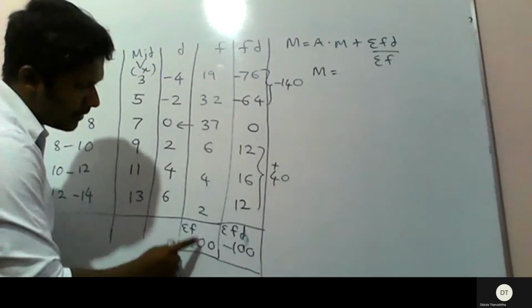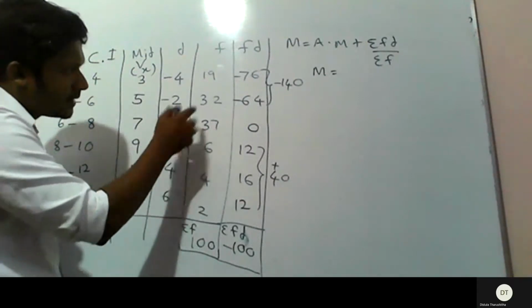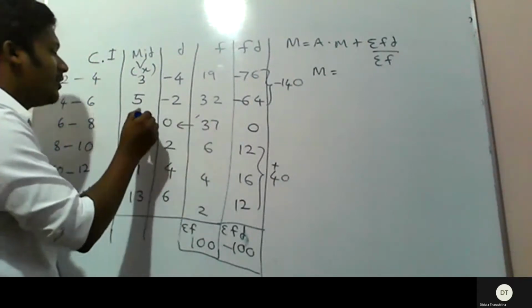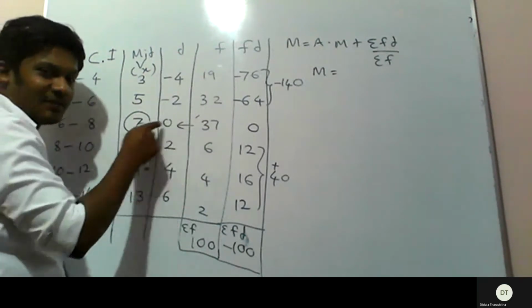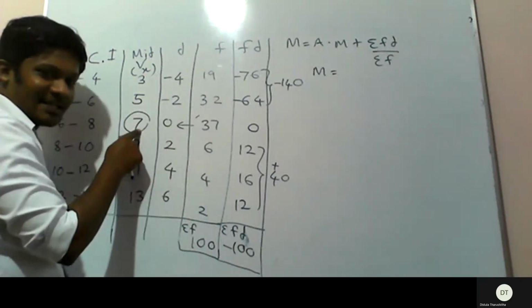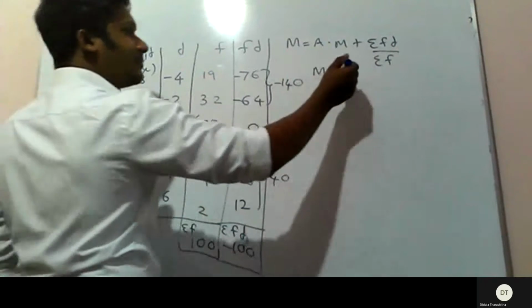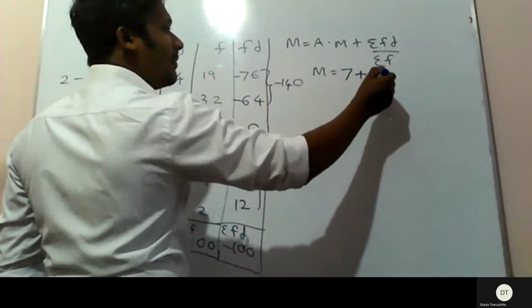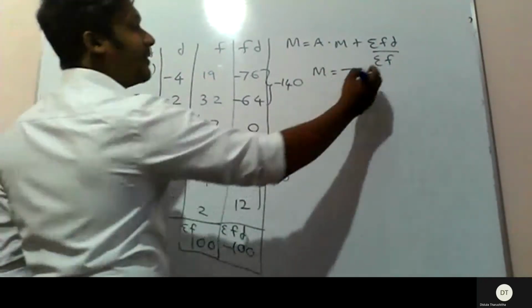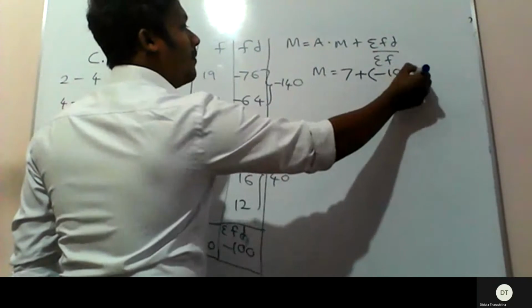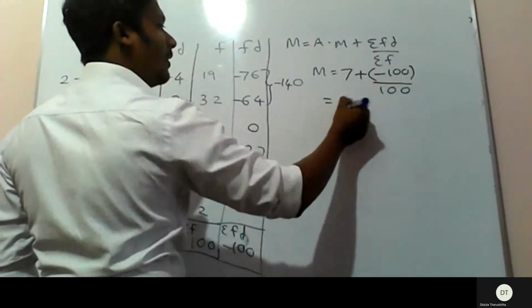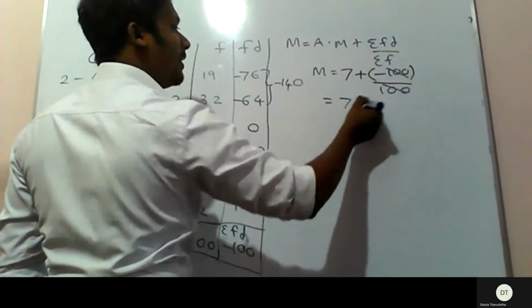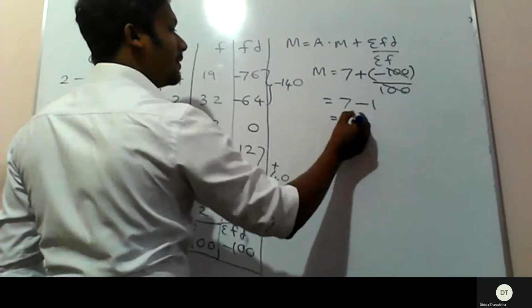Assumed mean is the mid value of the modal class, which is 7. Sigma fd is minus 100, sigma f is 100. So 7 plus minus 100 divided by 100, minus 1, is 6.